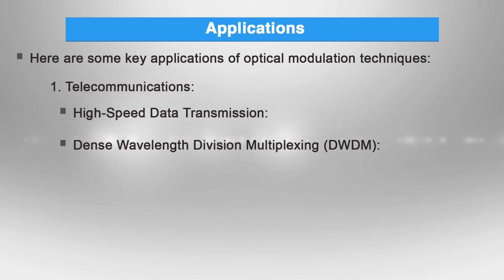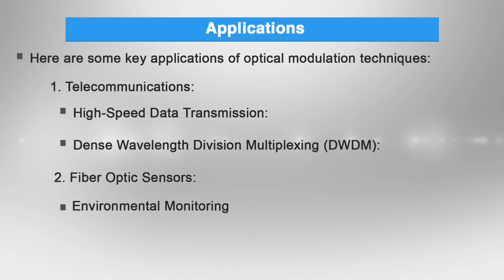Second is fiber optic sensors, meaning environmental monitoring. Optical modulation is used in fiber optic sensors for detecting changes in environmental conditions such as temperature, pressure and strain.